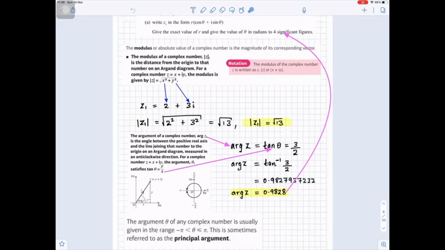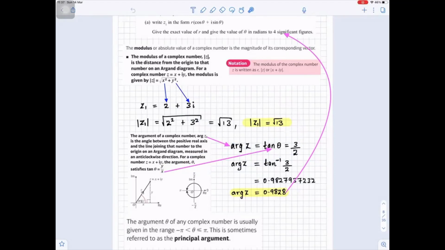And how do we find the argument? I've also put the notes there for you. The argument is using tan theta is y over x. So read those notes and it tells you why I'm using this. So tan theta is 3 over 2, which is the y divided by the x.